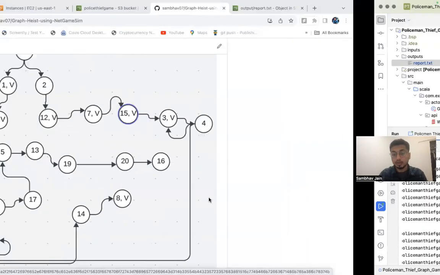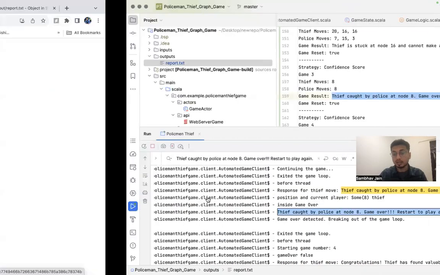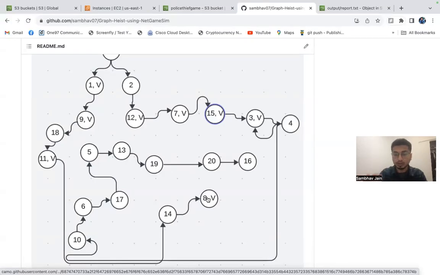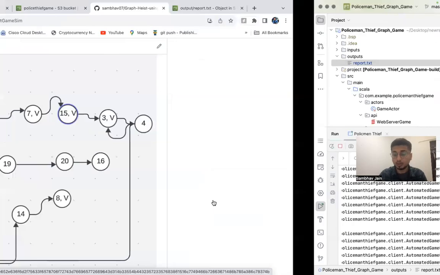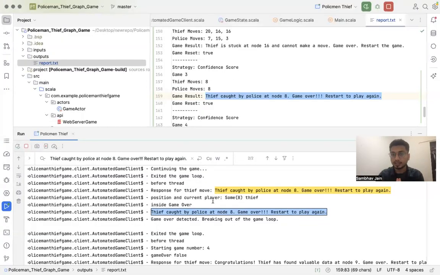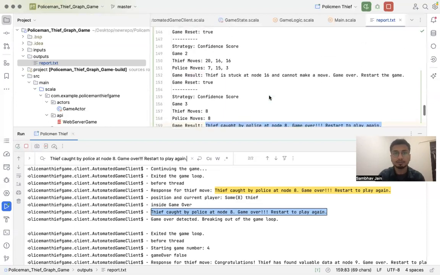When thief is placed at 8 and the algorithm starts looking for any further position from 8, there is no position. That's why the police also got placed at this node. Although it is a valuable node, since the thief and police are at the same node, the thief is caught by the police and the game is over. So that's why it shows the message like that.